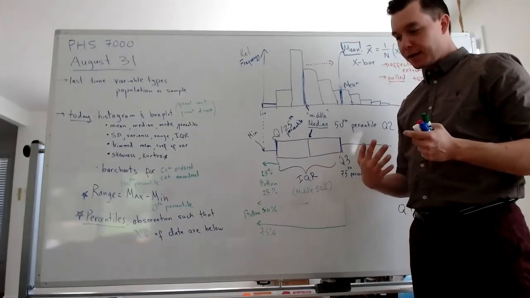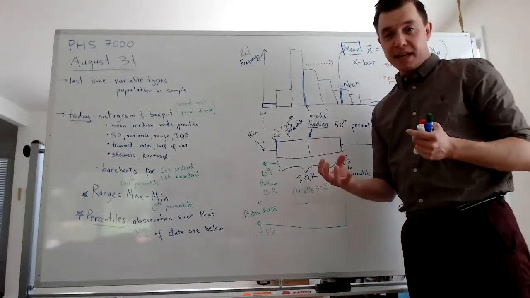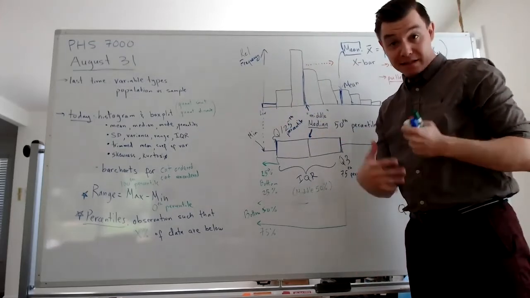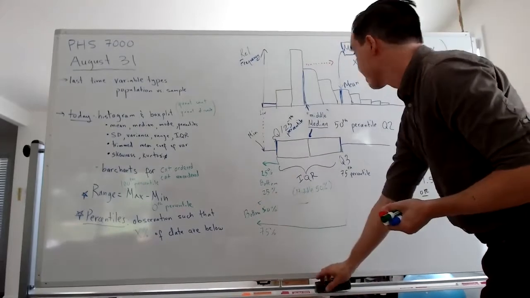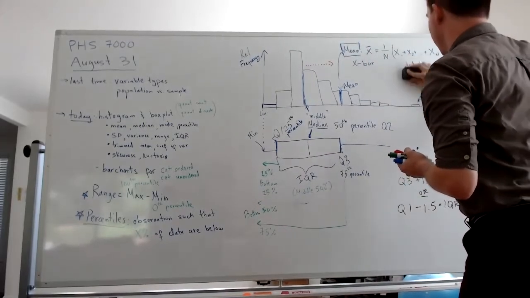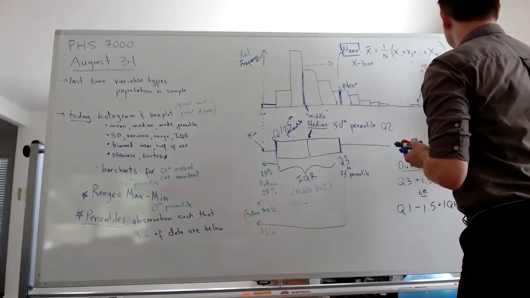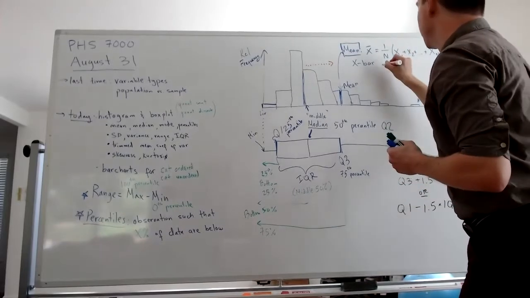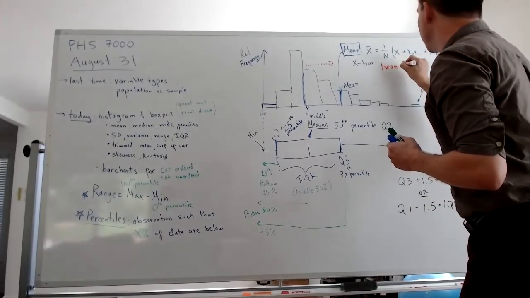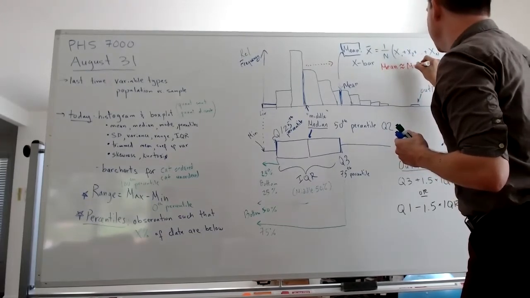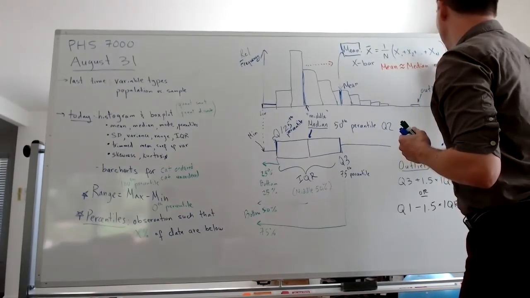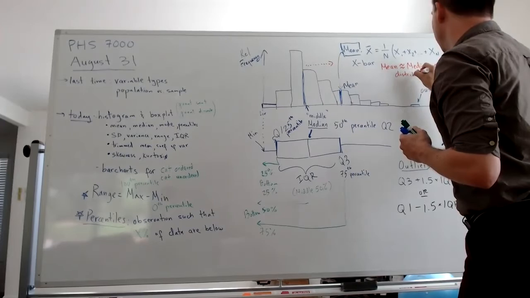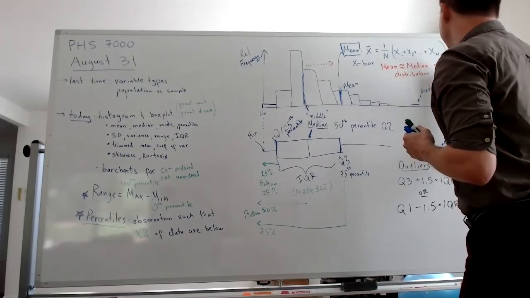The average is only going to be around the median if our distribution is symmetric. So let me write that down. That's that special case that we sometimes talk about in mathematics. The mean is going to be approximately the same as the median only if our distribution is symmetric.